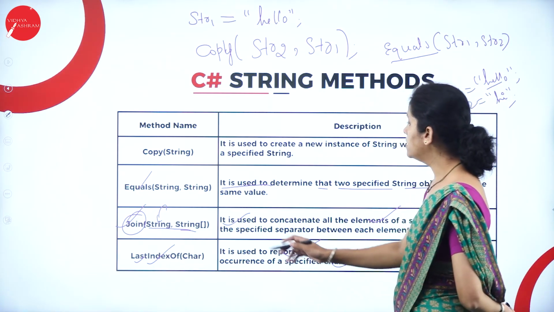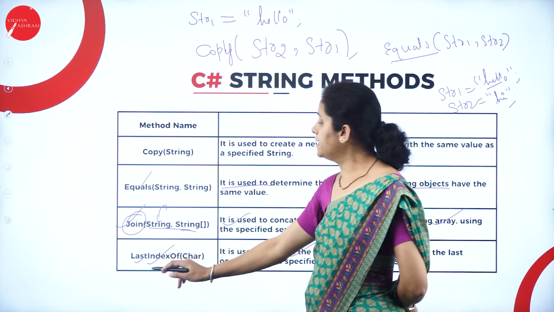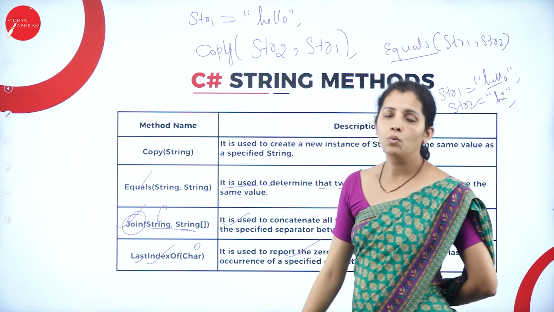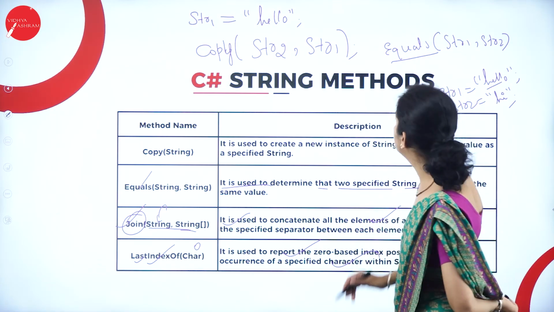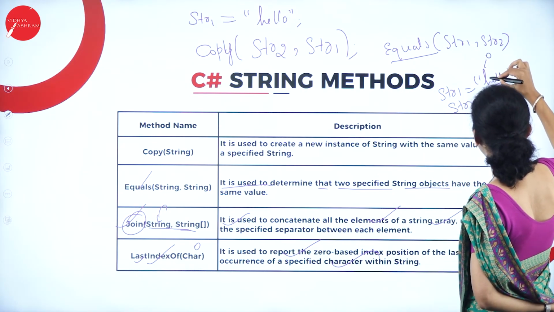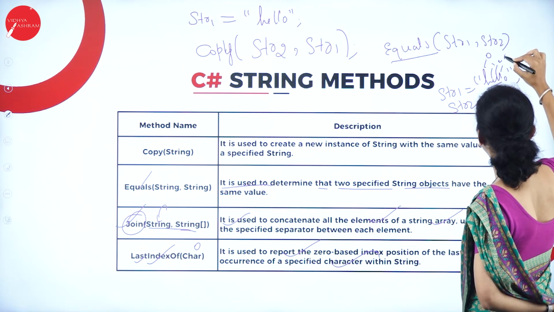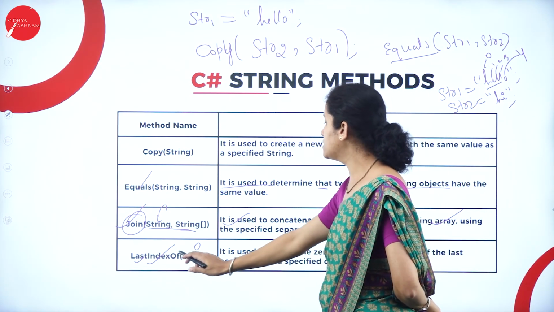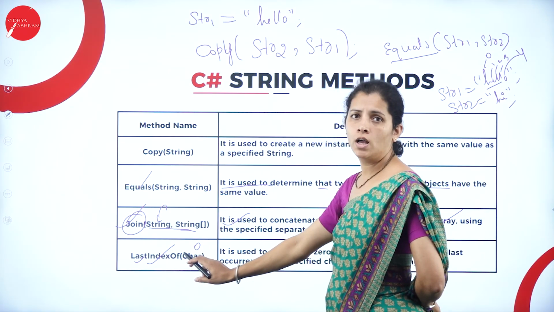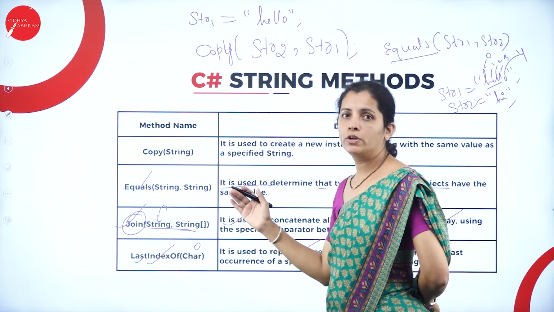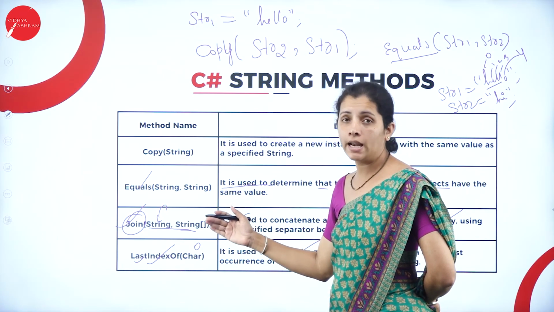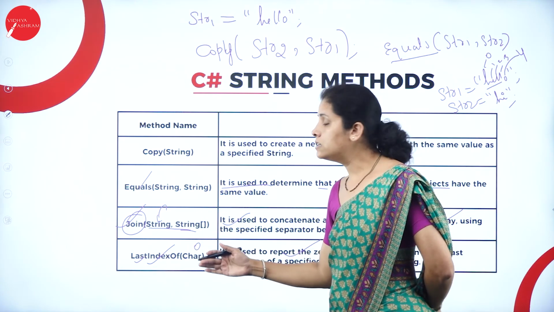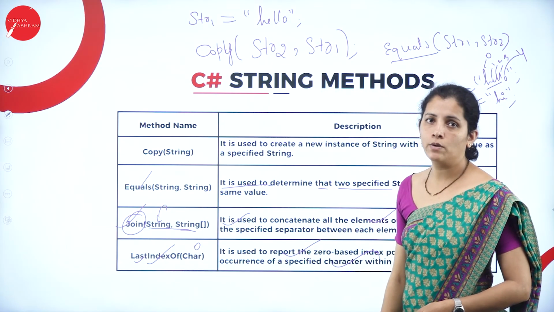So dear student, if I write LastIndexOf and if I write O, what is the answer I want to get? It starts from 0, 1, 2, 3, and this one 4. If I call LastIndexOf O, then what is the answer I'm going to get? That is the appearance, at what position the character O is present.